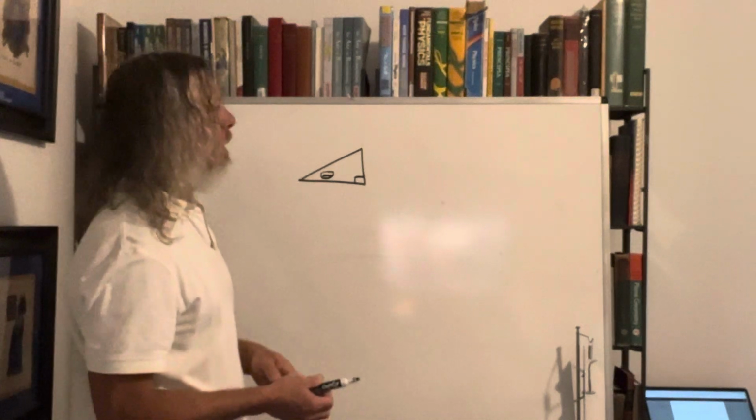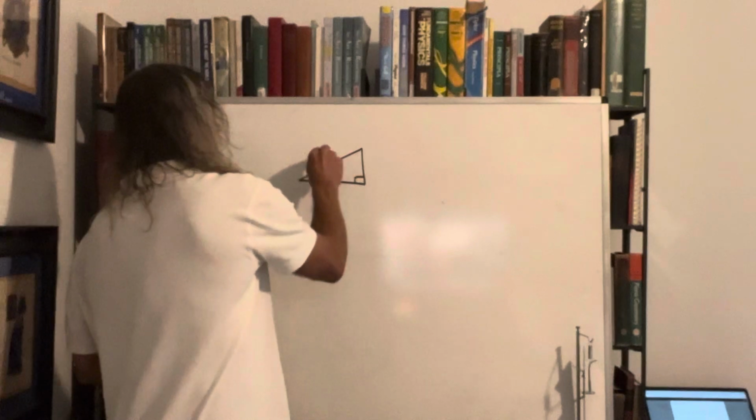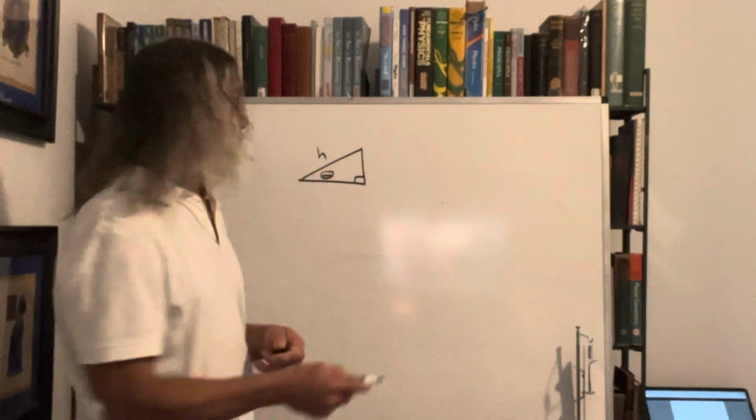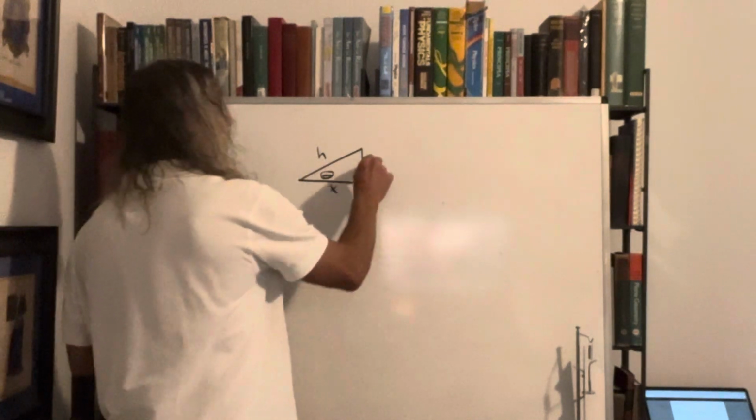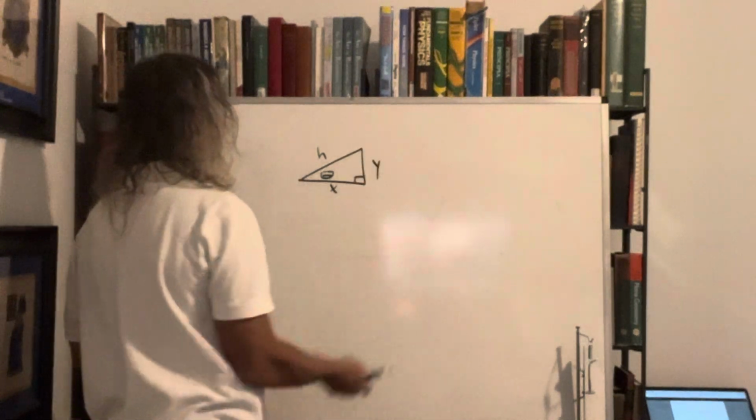So if we have this h for hypotenuse, let's say, then we get the x value of something and the y value, we can call it the horizontal and the vertical.